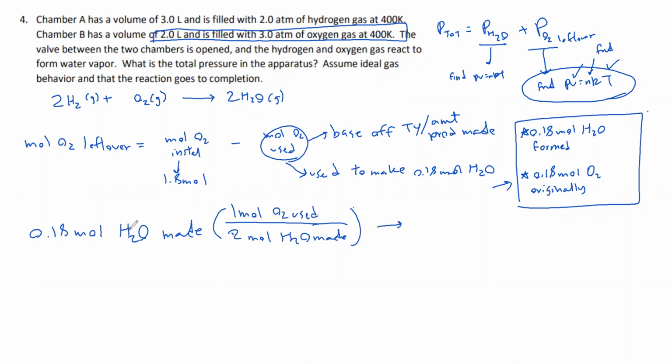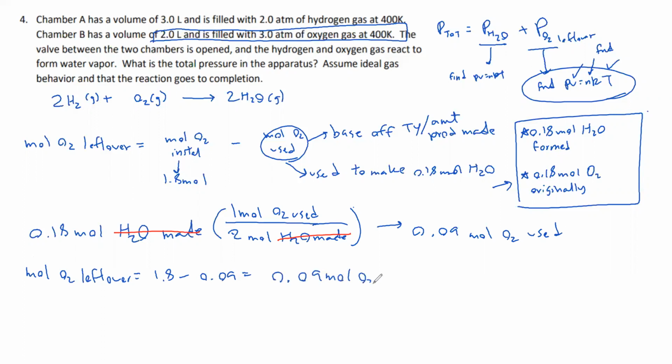So what we're left with is 0.09 moles of oxygen that's used. All right, cool. So this lets us know that our moles of oxygen left over is our initial amount, 1.8, minus the amount used, or 0.09 moles of oxygen.